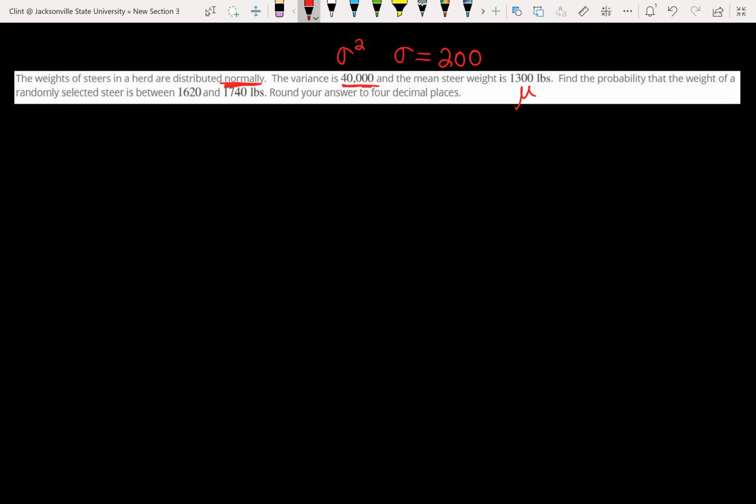So here, instead of having one x, we want to know between two values, so we're going to have two x's. We can just call them x1 and x2. And so we're going to have to use our z formula twice here. We've got to come up with two z values. All right, so I'll call this one z1. We'll use x1, so 1620 minus the mean, which was 1,300, divided by the standard deviation.